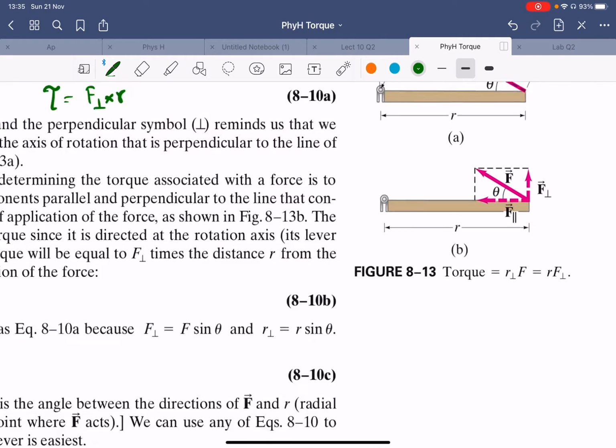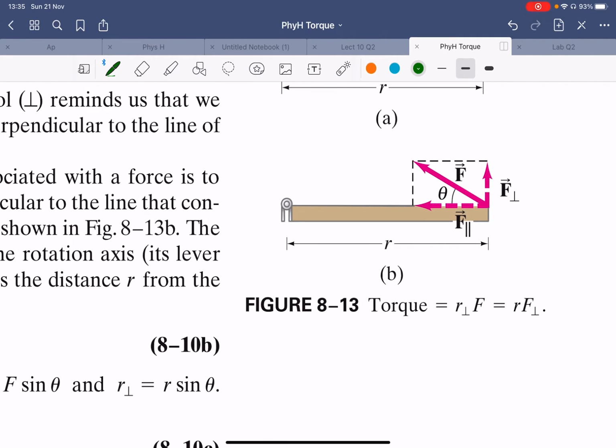What happens if we look at this case and we were given only this F and this R? If you're given the angles, you want to make sure that these are the two values you use, R and F perpendicular. So I want this and this. So both of them will be making 90 degrees.